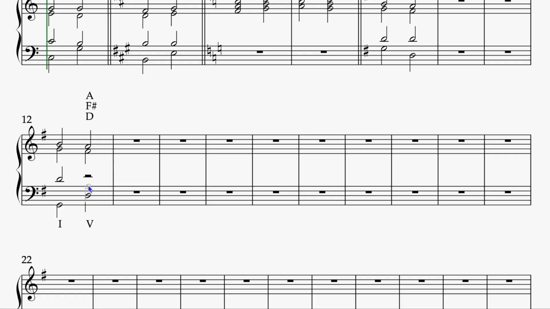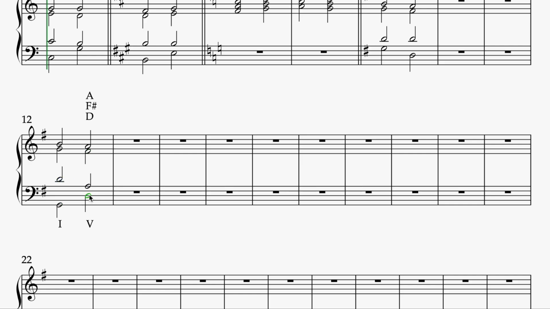Now, imagine if I went down there. Then we would have to check for consecutives. So watch this. We're going to check for parallel fifths, consecutive fifths. Some people use different terms. Down a second, so B to A, down a second, down a fourth, and up a fifth.